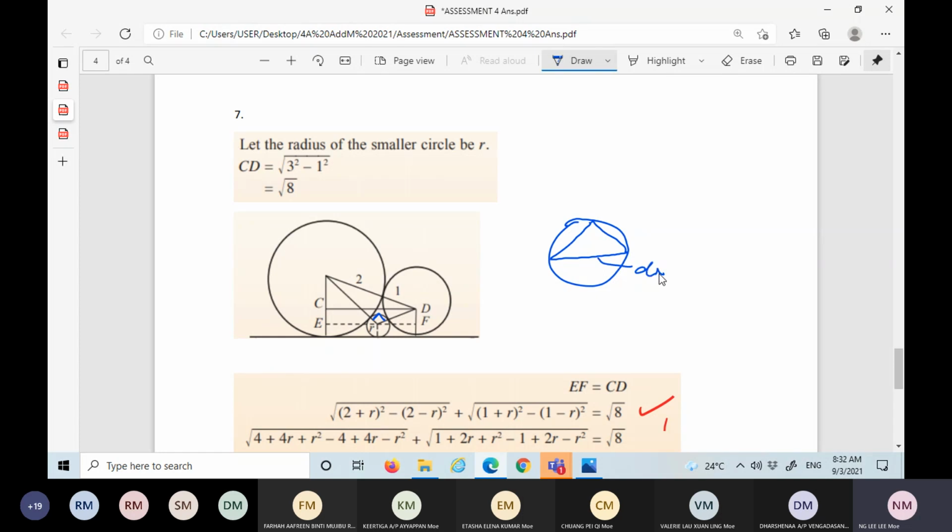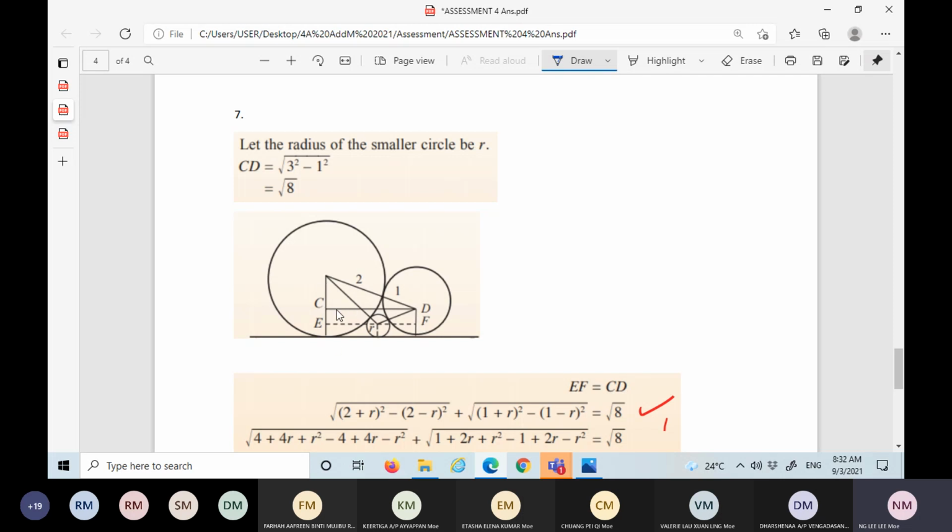If this is a diameter, then this is 90 degree. But this is not 90 degree. Also it didn't mention in the question, so you cannot assume that it looks like 90 then this is 90. Cannot.